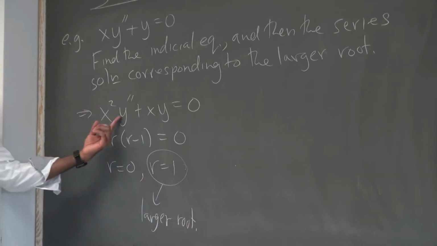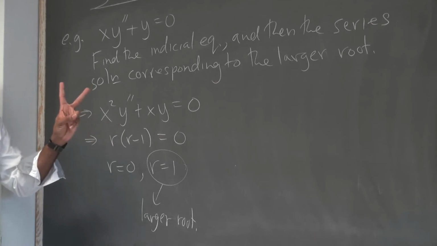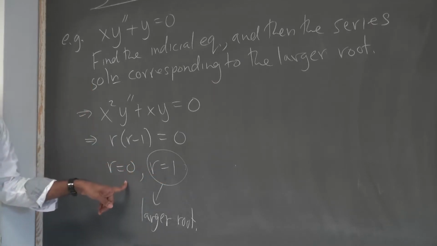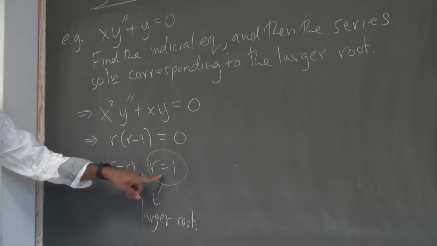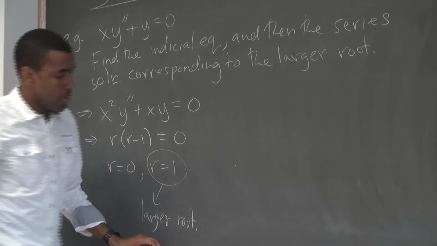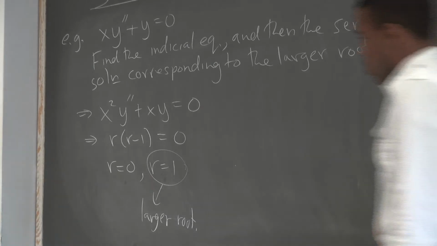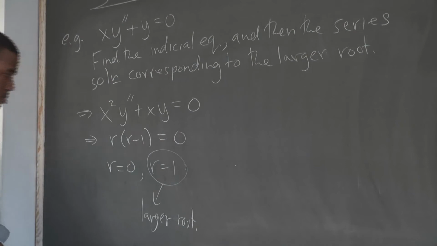Now remember, it's a second order differential equation. We expect two linearly independent solutions. It turns out one solution will go with this root, another solution will go with that root. And we just want the one for the larger root. So if you're paying attention, you already spot some of the changes that might occur.